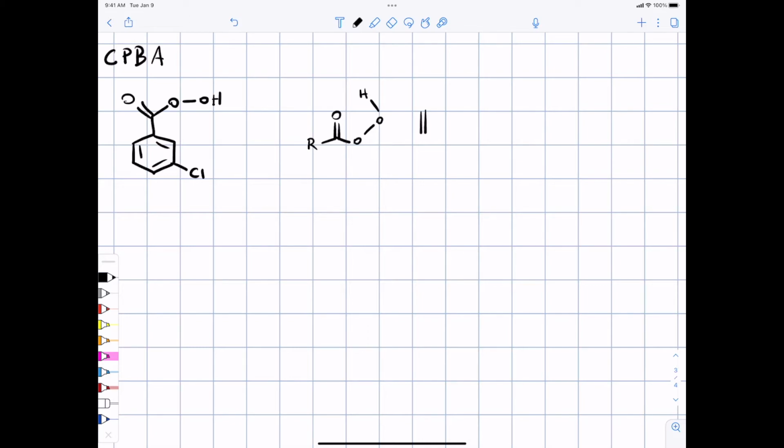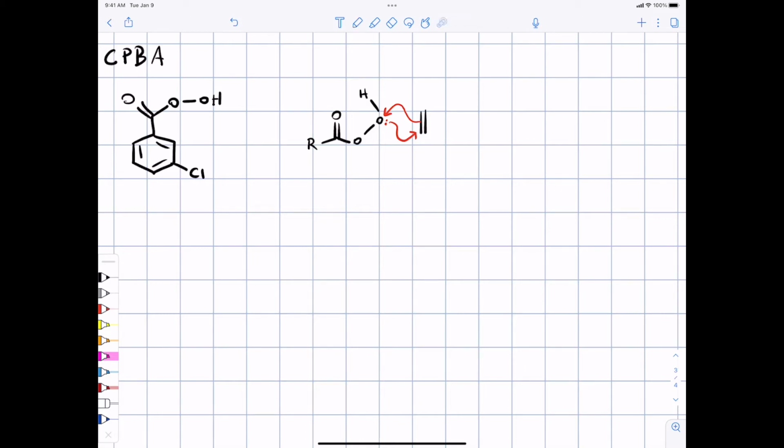What happens is the pi electrons attack the sigma star of the oxygen-oxygen bond and break that bond. That bond is relatively weak. At the same time, lone pair electrons on that oxygen attack the other carbon of the alkene to prevent buildup of positive charge.